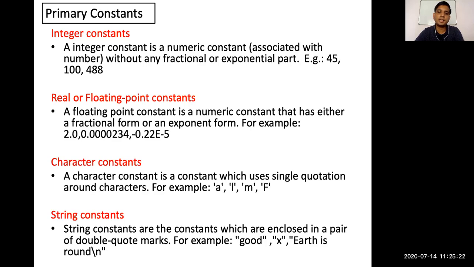It can contain a single character, but it can also contain more than one character. But it is enclosed by a pair of double quotes. So if any string, or any collection of characters, is enclosed in double inverted commas, it is known as a string.